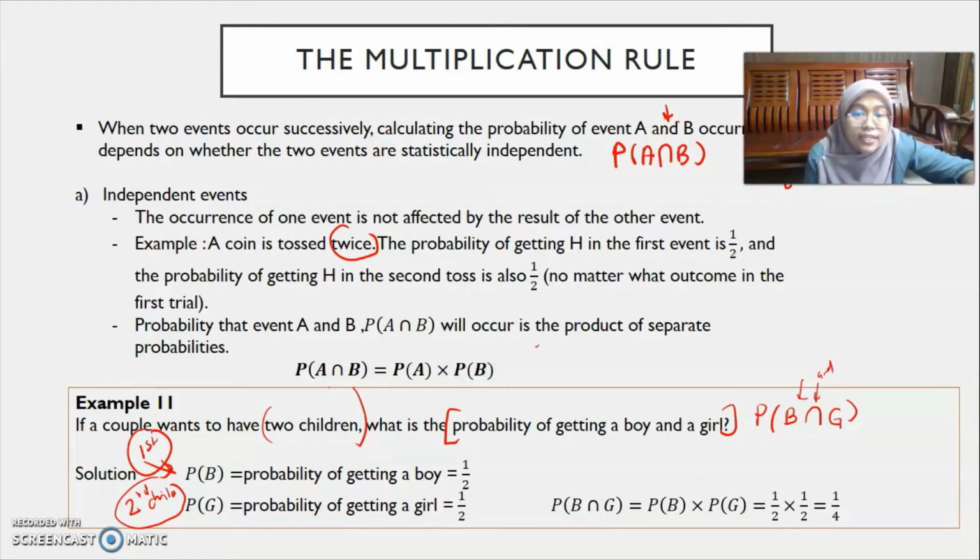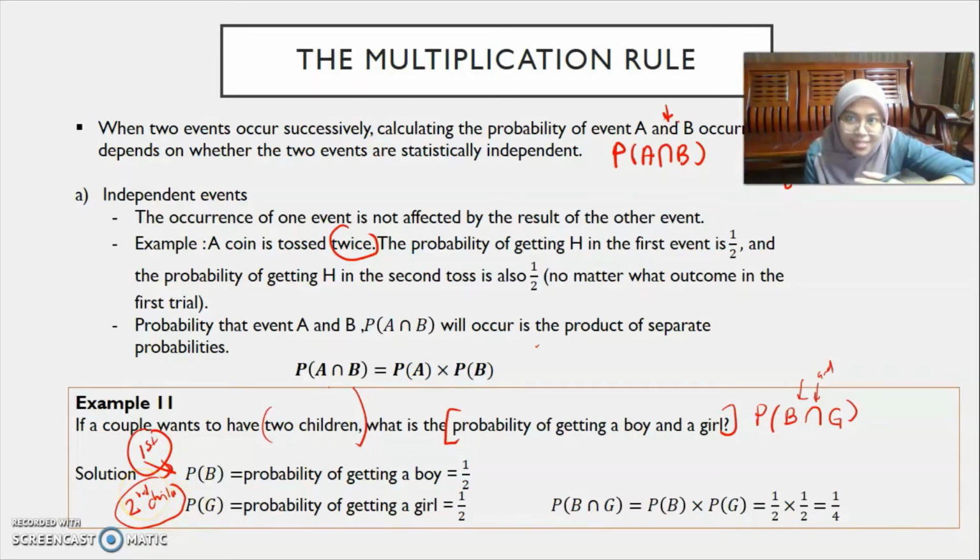For the second trial, if the couple also wants a girl, the probability is also 1/2. Whatever the result of the first trial, it will not influence the result for the second trial. So this is an independent event.